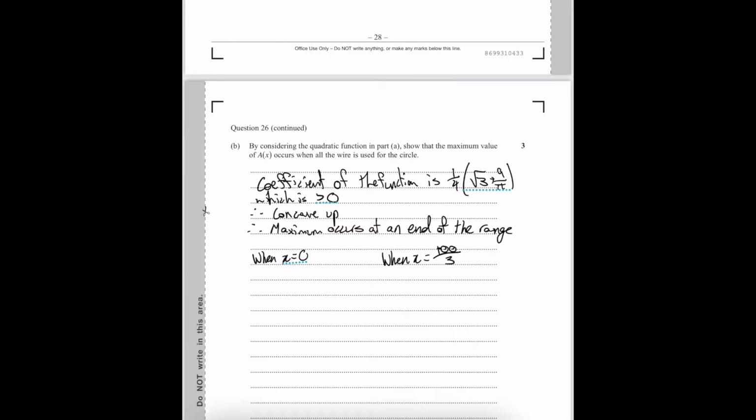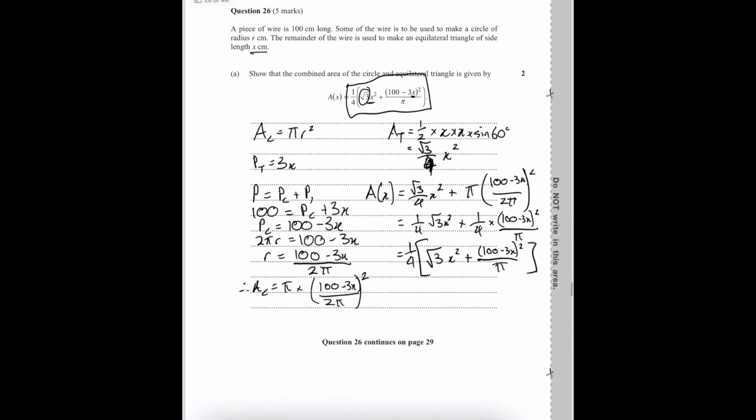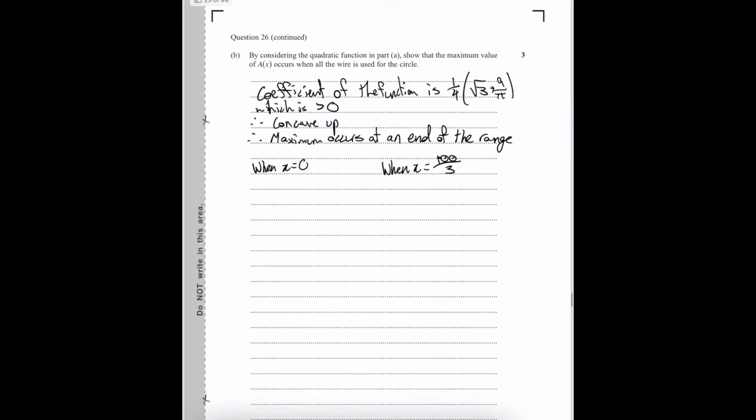So if you think about what x actually means, x equals 0 means that all the wire is used on the circle, and x equals 100 on 3 means that all the wire is used for the triangle, because we've only got 100 centimeters of wire to use. Divide it by 3 because the equilateral triangle will have 3 sides. And that's what we have.